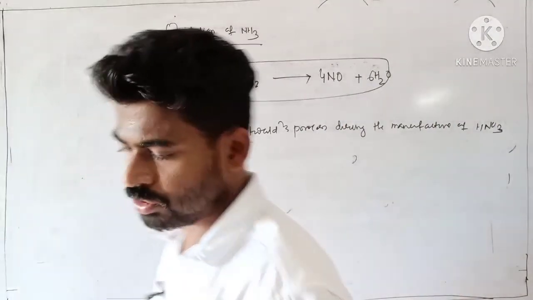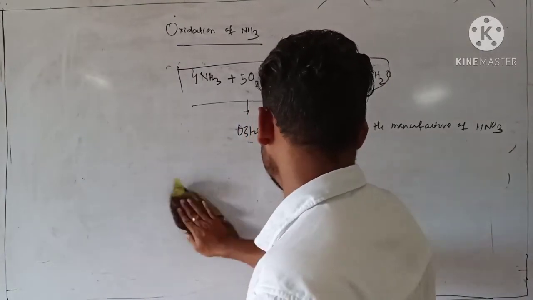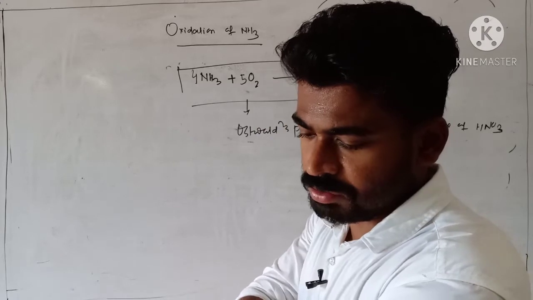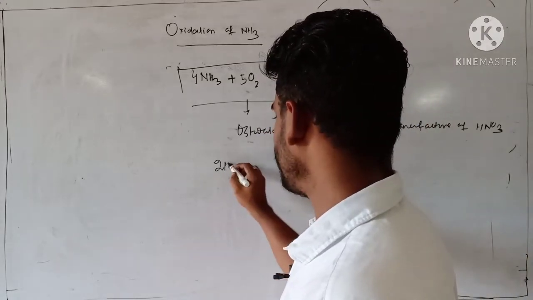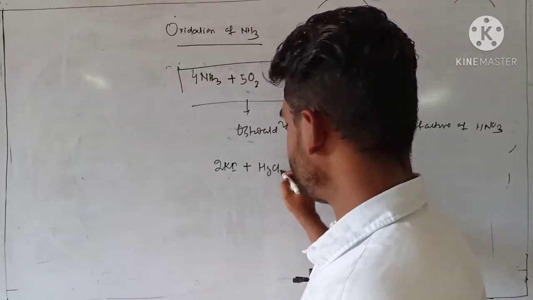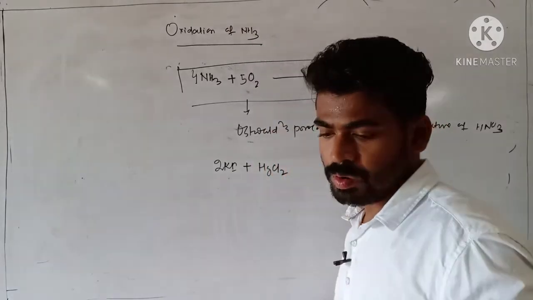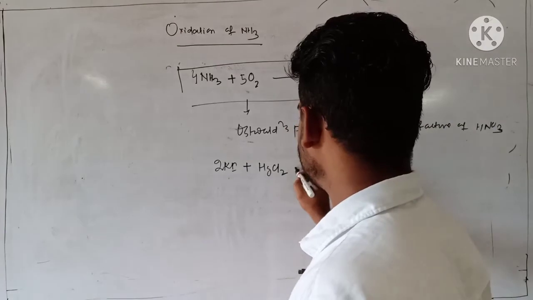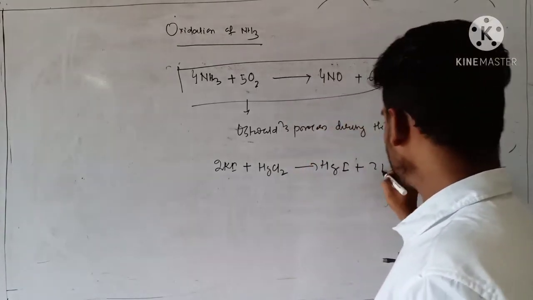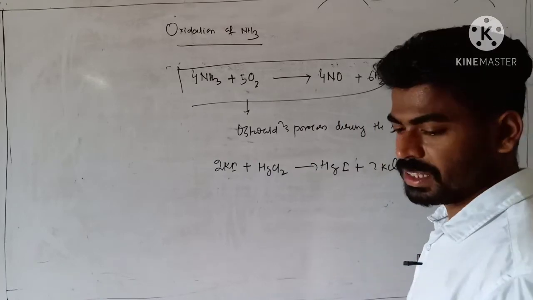Next, reaction with Nessler's reagent. A reddish brown precipitate is formed. Nessler's reagent: 2KI plus HgCl2, mercury chloride, gives you HgI2 plus 2KCl. That is how Nessler's reagent is formed.